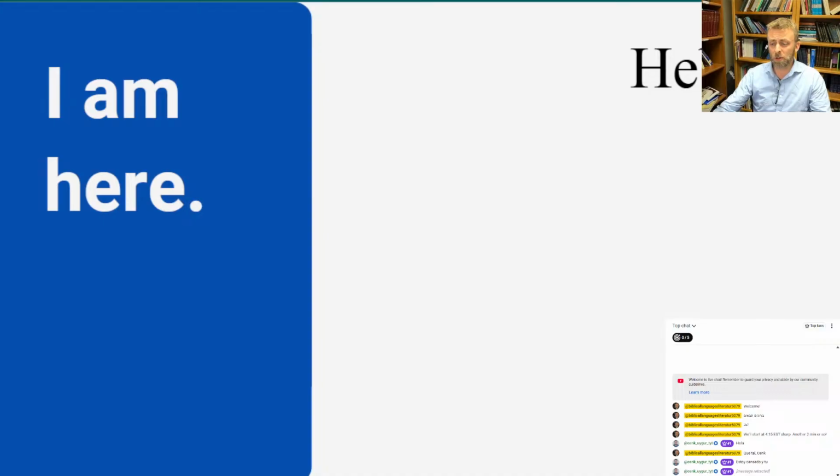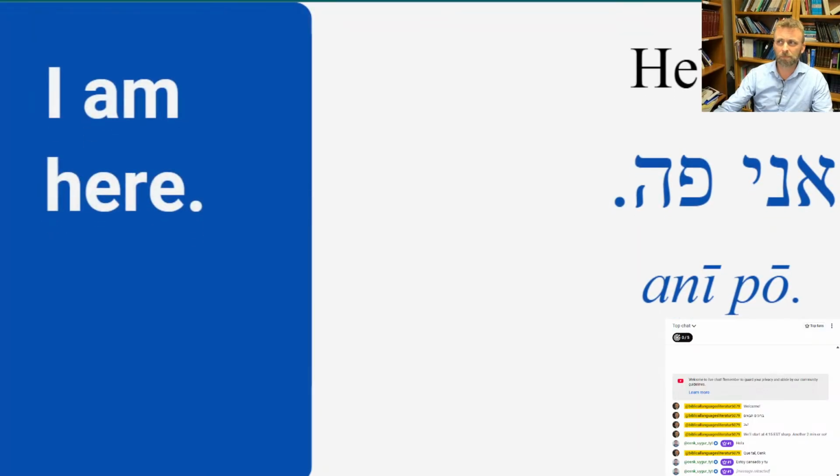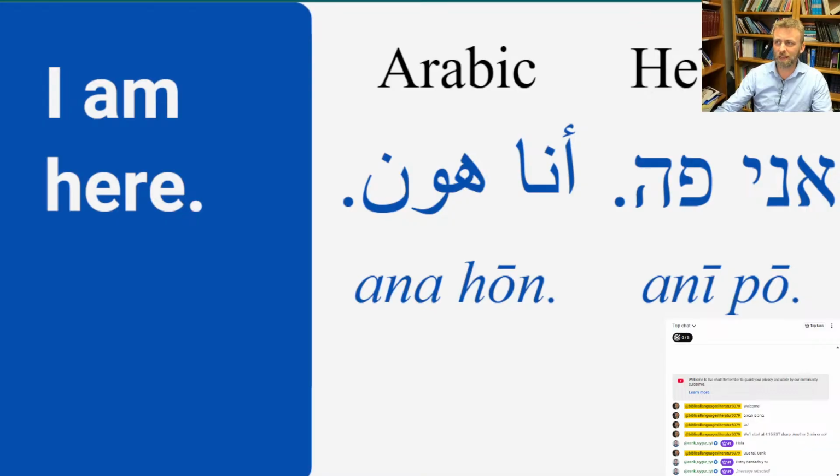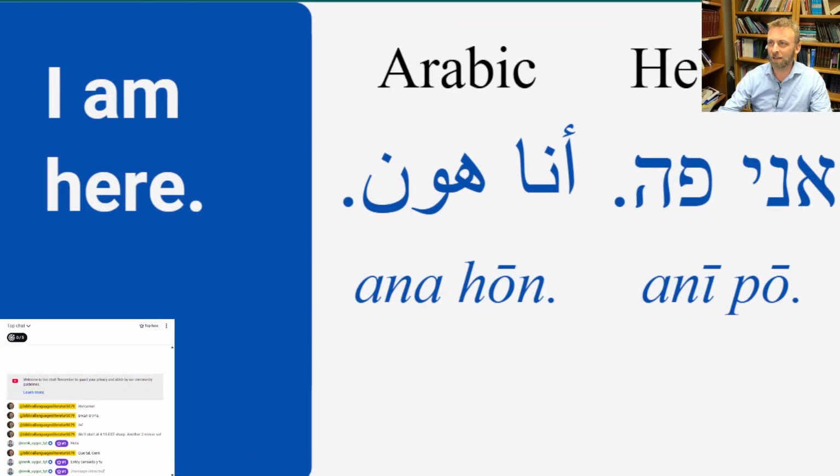Now in Hebrew, we do the same thing, just with the Hebrew words, and that will be ani po. Ani po. Looking at them both together, ani, hon, I'm sorry, I'm mixing the two languages up now. I'm doing too much here. Got to move this chat box over to get it out of your way, so we can see the discussion without it getting in the way.